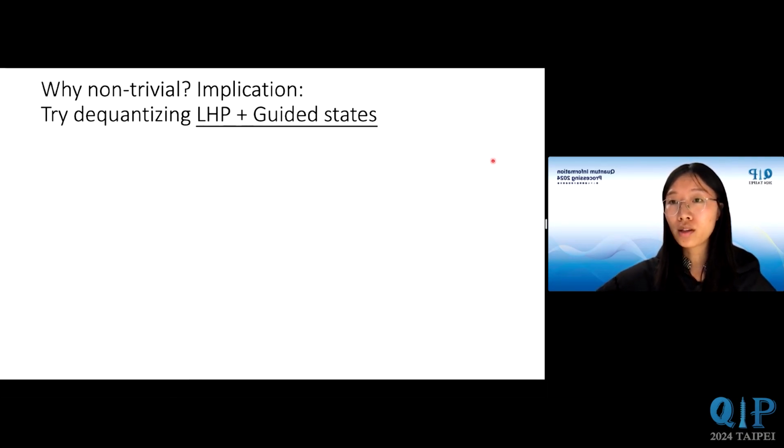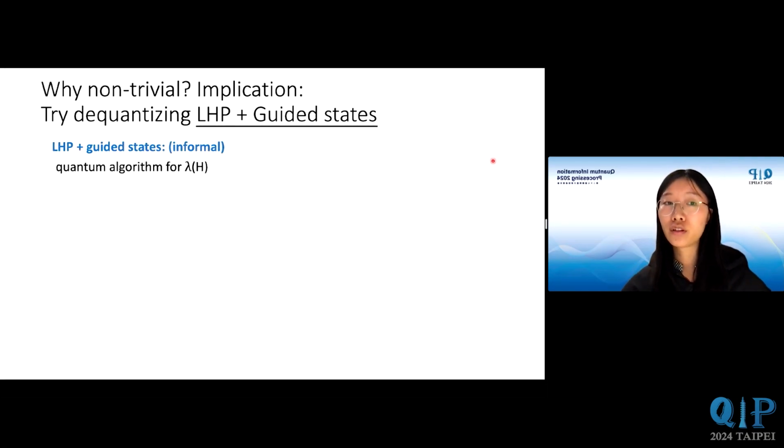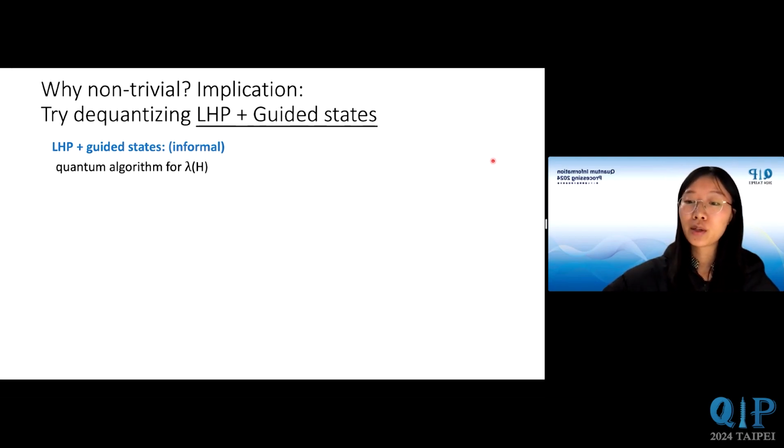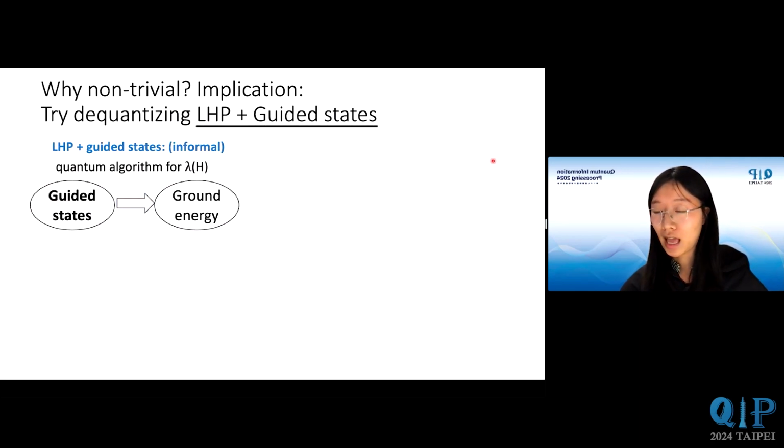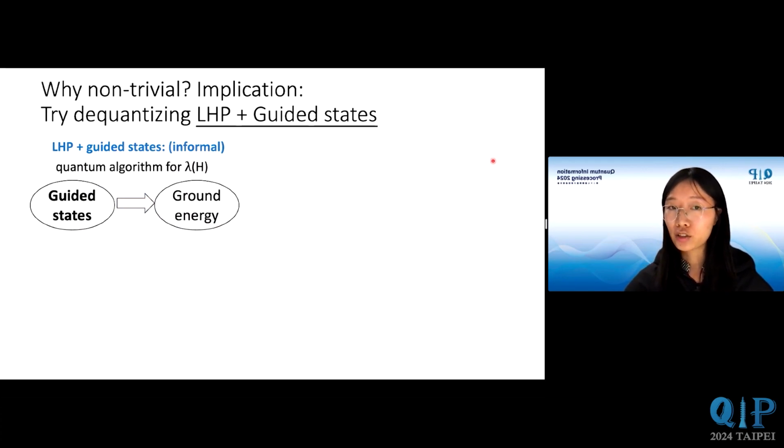For quantum advantage here, I refer to a problem called the local Hamiltonian problem with guided state. Informally speaking, this problem is related to a quantum algorithm for estimating the ground energy. This algorithm basically says, if in the beginning we magically get a guided state, then we can use a quantum algorithm, like phase estimation, to get the ground energy.